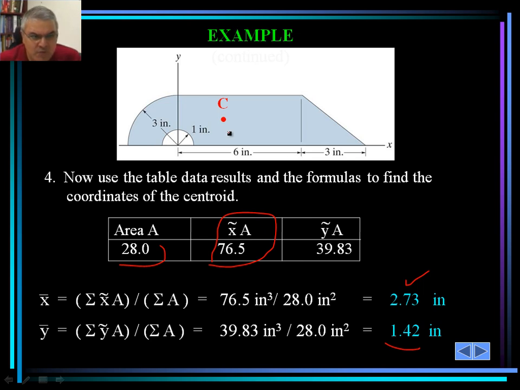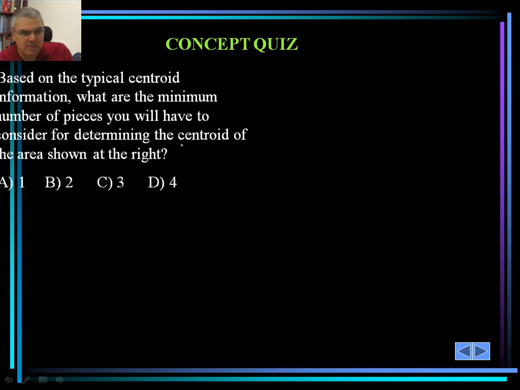And the centroid would fall somewhere in this area, which would be 2.73 inches from this point in the x direction, and in the y direction, it is going to be 1.42. So this distance is going to be 1.42. Of course, this is not to scale the way I draw it, but this is the point of origin. So that would really be all there is to calculating the centroid for such a composite object.